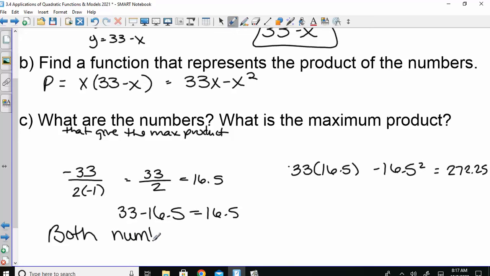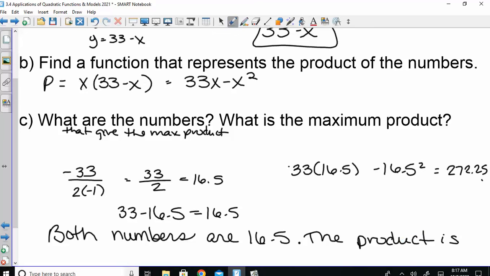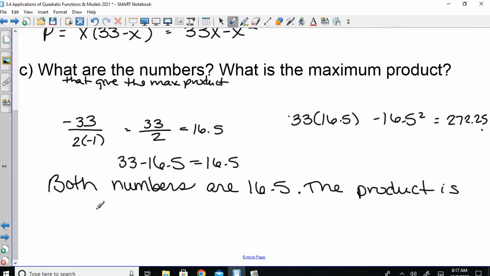So both numbers are 16.5. The maximum product, this was what I got when I plugged it into my product equation. So the product is 272.25.